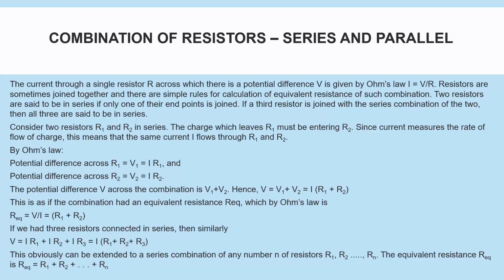How do we know which combination is required to increase or decrease the voltage? We are going to learn two kinds of combinations, series and parallel.